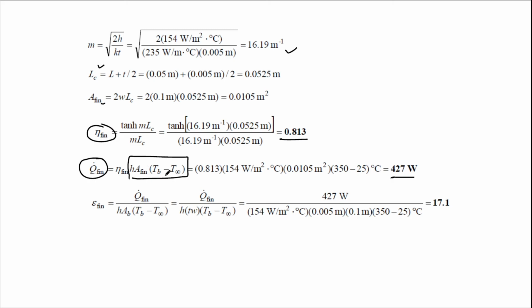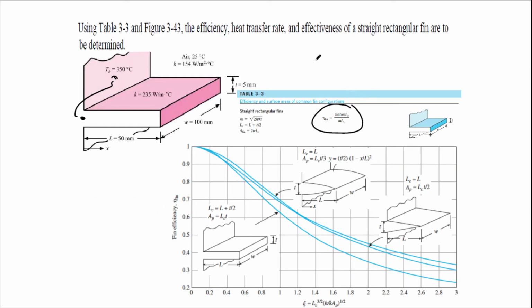This equation is the heat from the base, without fin. But if you multiply it by the efficiency, you can get the actual. Next you want to calculate the effectiveness.